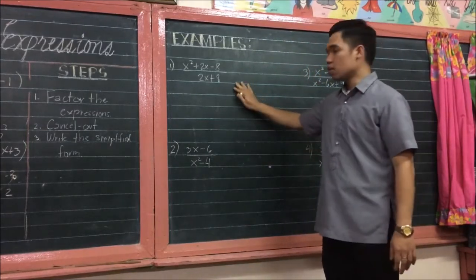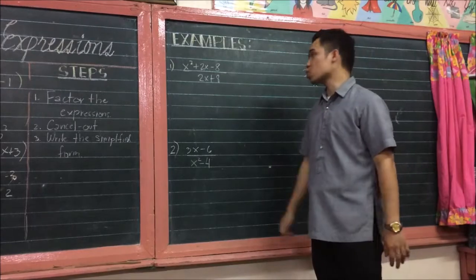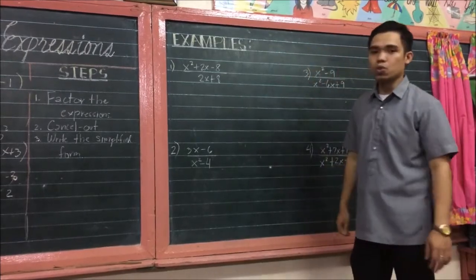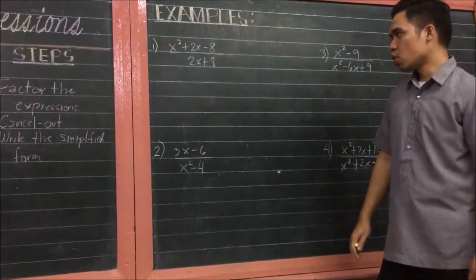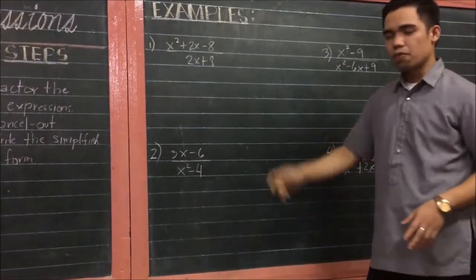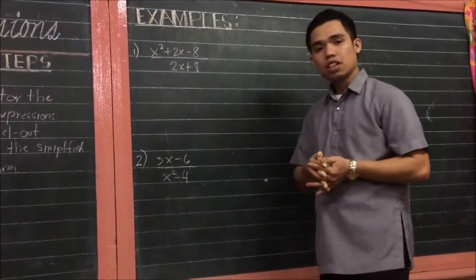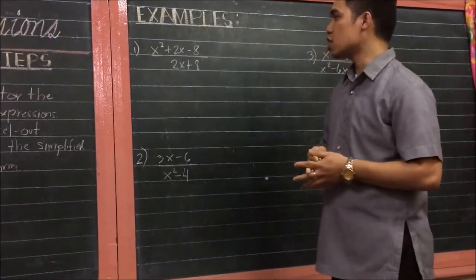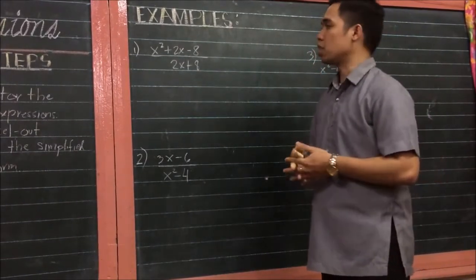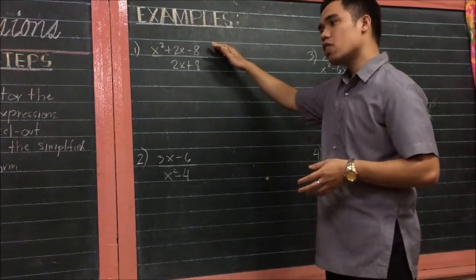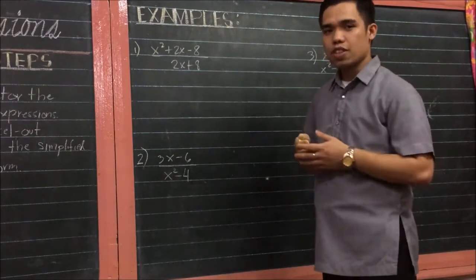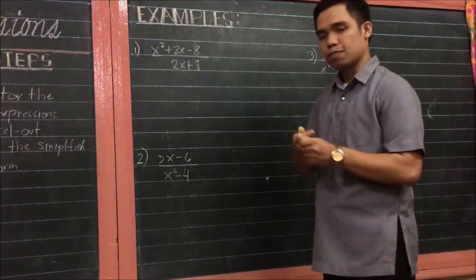So let's have this first example. X squared plus 2x minus 8 over 2x plus 8. So first thing to do in our first step is to factor. As you can see in our numerator and denominator, these are both factorable. So what kind of factoring can we use in the numerator?